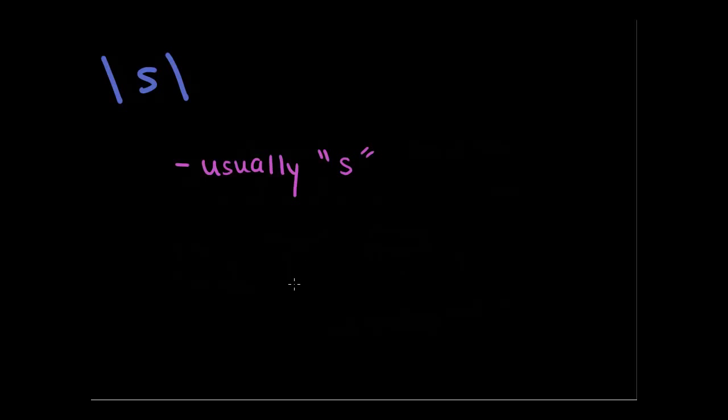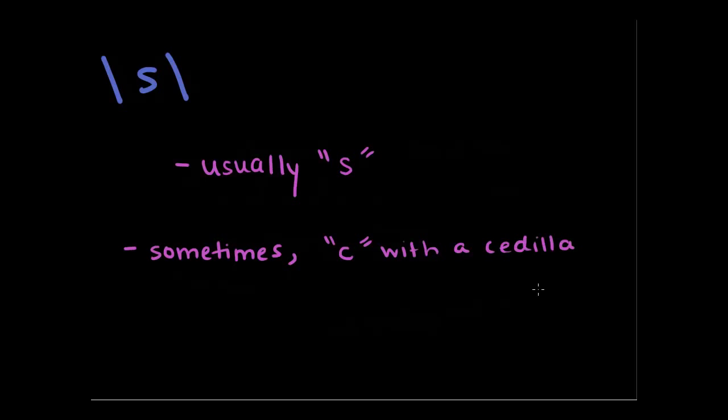So sometimes you can have a C with a cedilla before A or O in Portuguese. This doesn't happen too often, but it might. Like in the French word garçon, meaning boy.